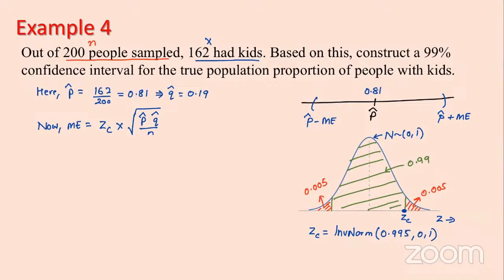And if you type that in your calculator, tell me what you'll get. Inverse normal, 0.995, mean 0, standard deviation 1. What do we get?